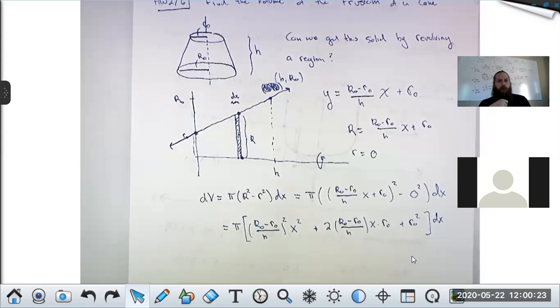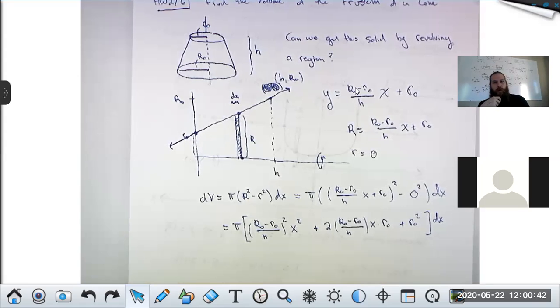I found the slope of the line and I found its y-intercept. So its y-intercept is this height, which is little r naught, and its slope I calculated as a rise over a run. So the rise is big R naught minus little r naught, that's this rise, and the run is from 0 to h.